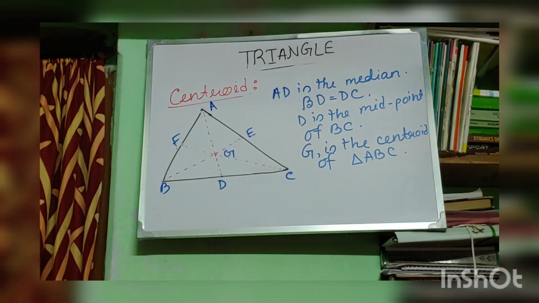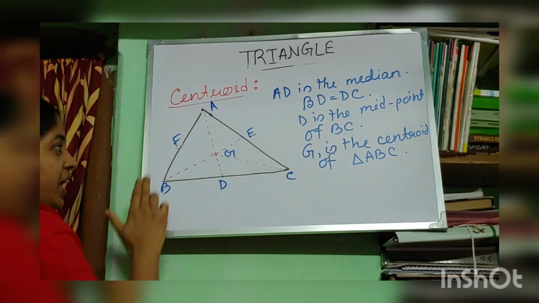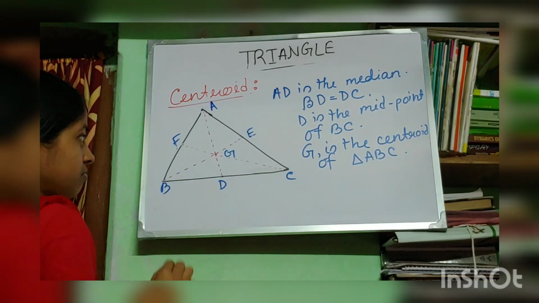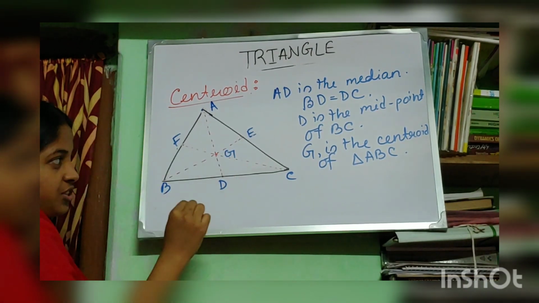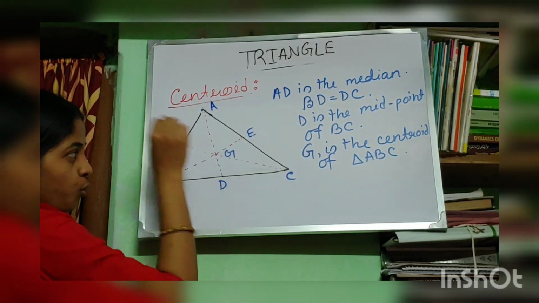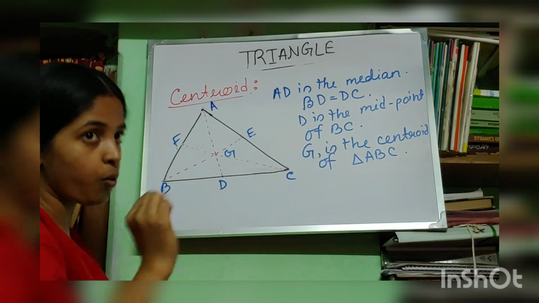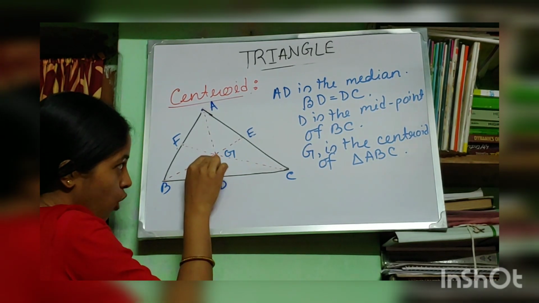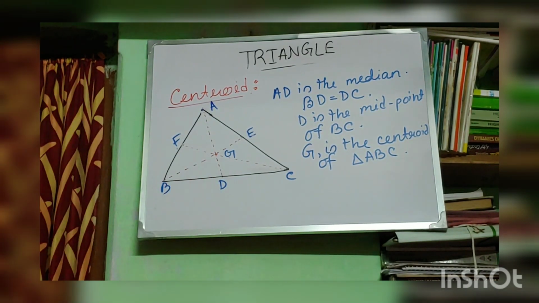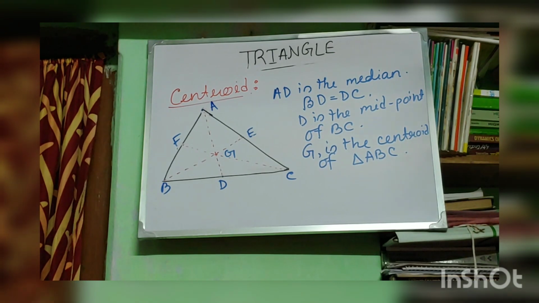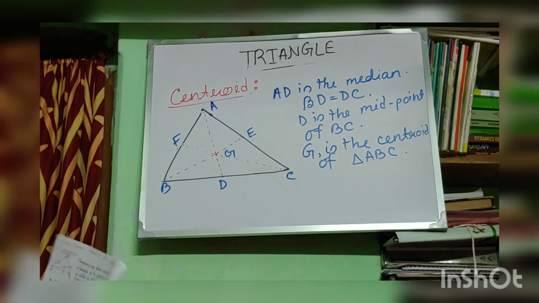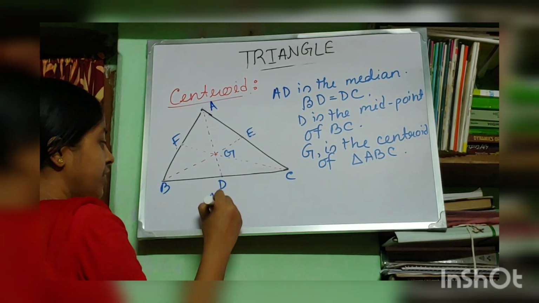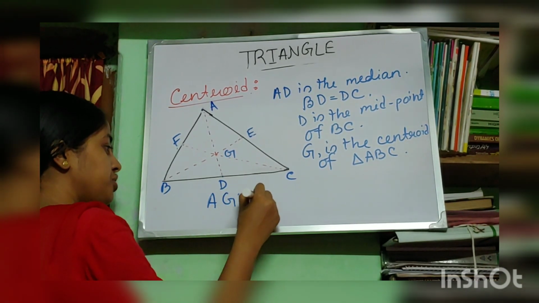Let me repeat once more: when three medians intersect, passing through the same point, the point of concurrence is called the centroid. And one thing you have to remember is that the centroid divides the median in a 2:1 ratio.